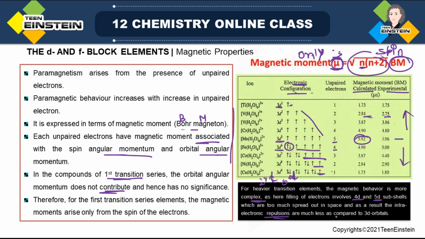But we are not considering this. This is just the information that you should know. Here mostly you will get problems from first transition series and their magnetic moment, and you just have to use this simple formula where only spin contribution is considered, not orbital contribution, because that contribution is insignificant for first transition series.